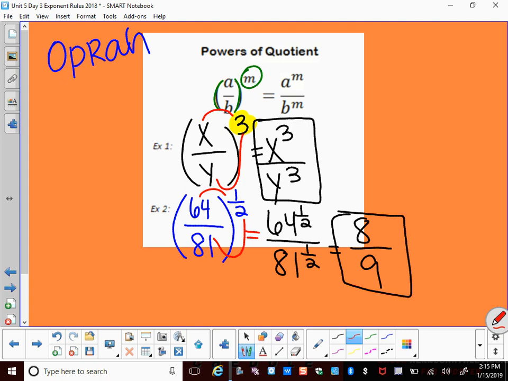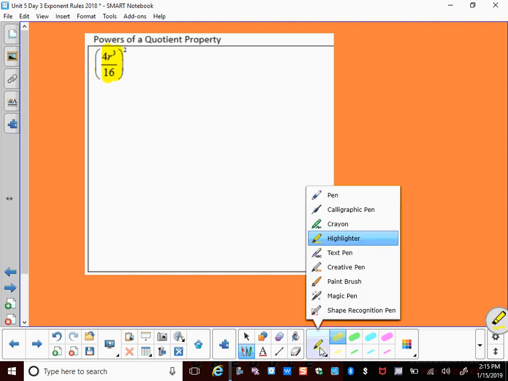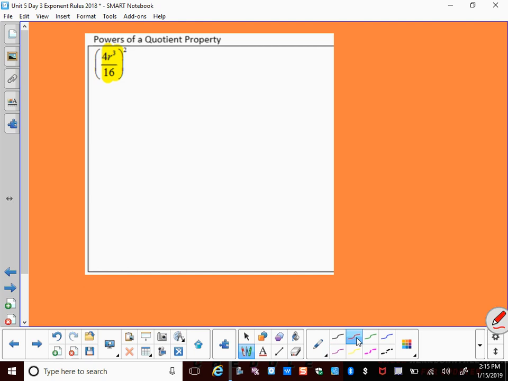All right, let's go back to our packet. You can do this a couple of different ways. Some people like to simplify everything inside the parentheses first. So if you want to simplify this, I'm okay with that. I'm okay with you distributing that 2 first.